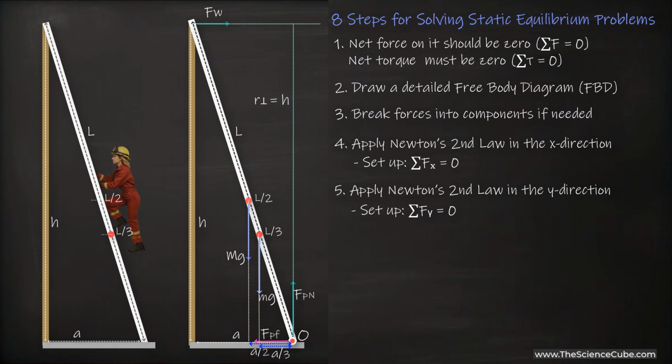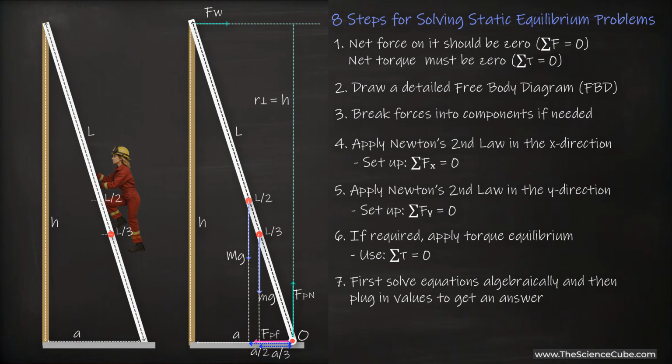So set up sigma Fy is equal to 0 and use this to solve for vertical forces like normal force or support force, etc. Step 6 would be, if required, apply torque equilibrium. That is, sigma torque should equal 0 to solve for rotational equilibrium conditions. That is, clockwise and counterclockwise torque should balance or cancel each other out.